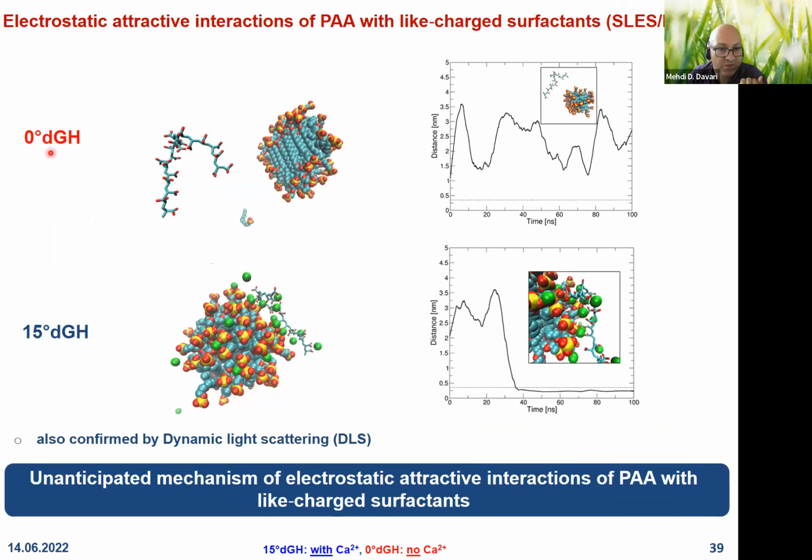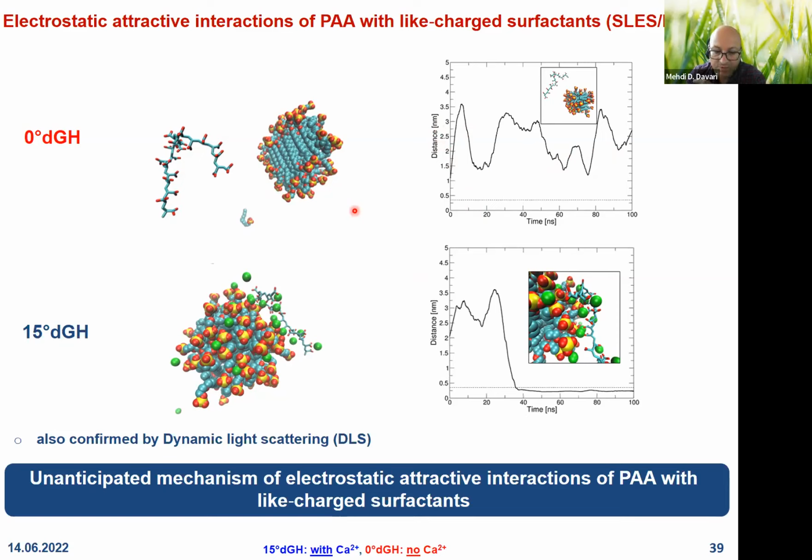When you have 0 degrees water hardness, we do not see any interaction between the surfactant and polymer, but we see a complexation of surfactant and polymer in the presence of this hard water. And here you see the distance between these two moieties, and this result was further confirmed by using dynamic light scattering.